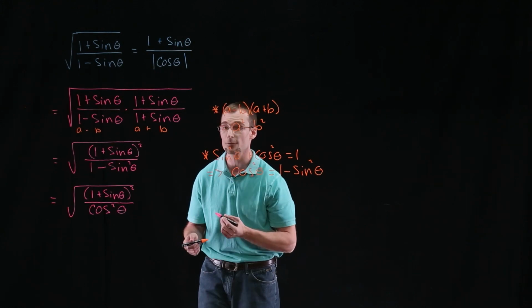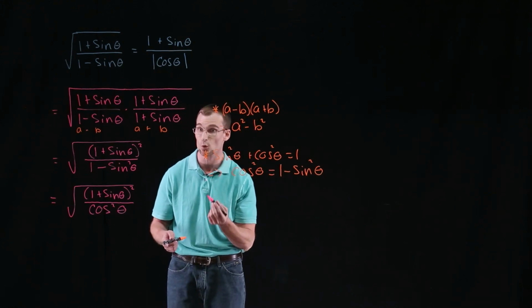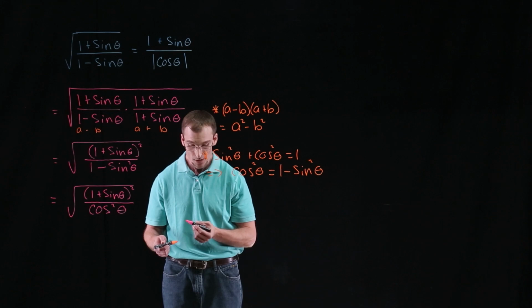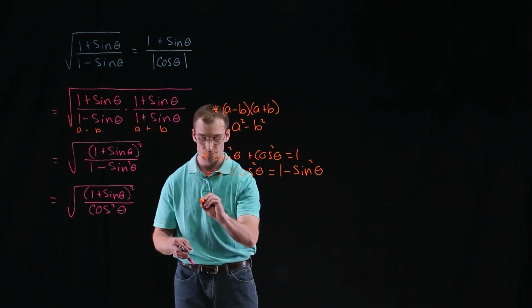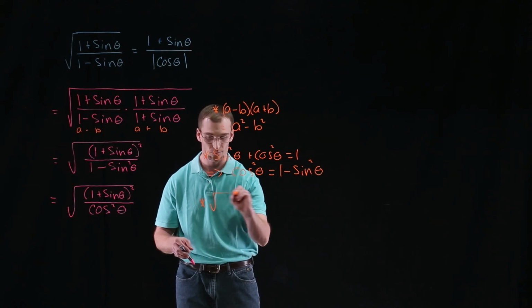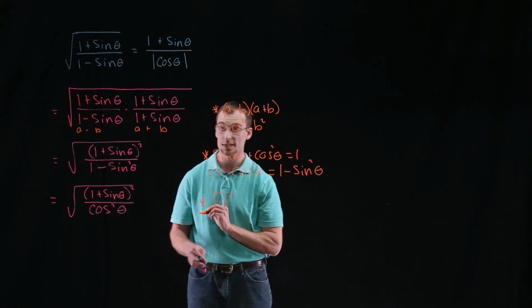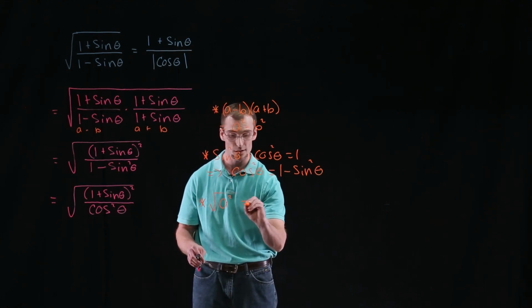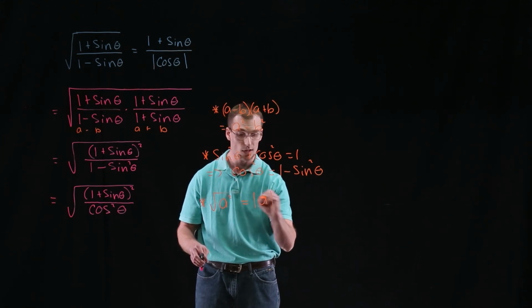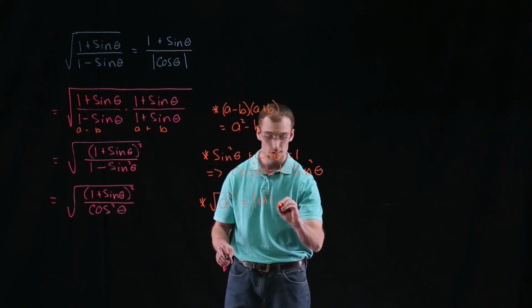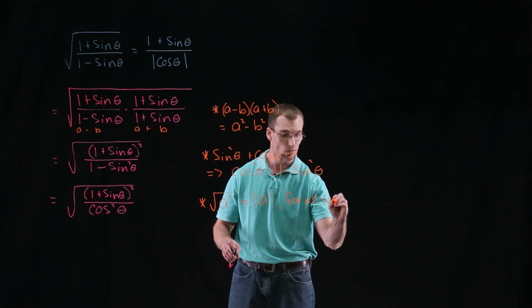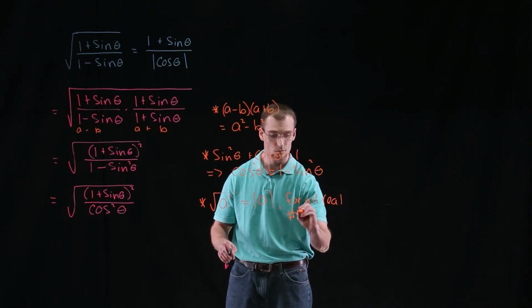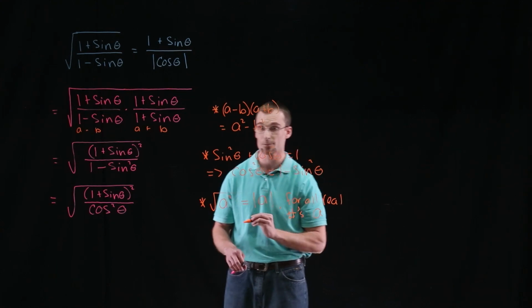There's an important thing from algebra that we have to remember when taking square roots of something squared: the square root of a squared is equal to the absolute value of a, for all real numbers a.